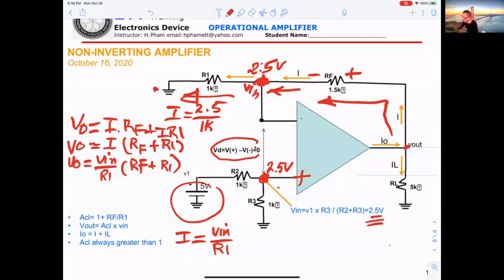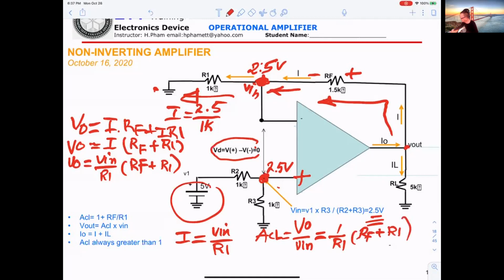Okay, and now I take the gain, ACL, by definition V out divided by V in. So it can be 1 over R1 times (RF plus R1).